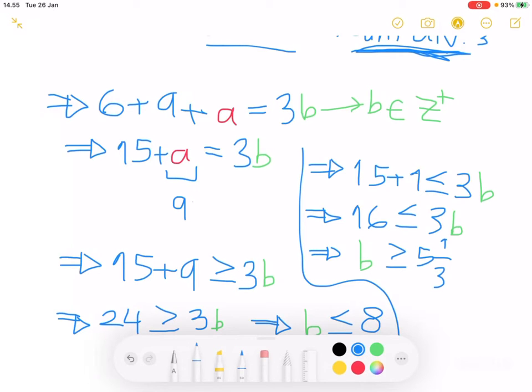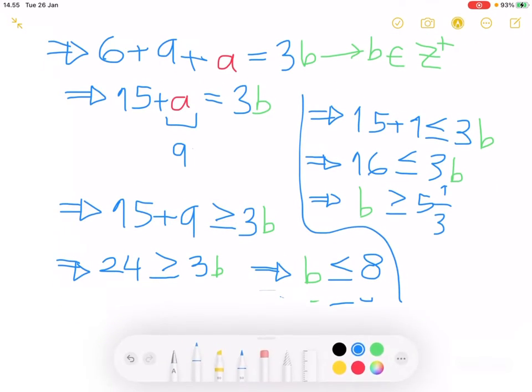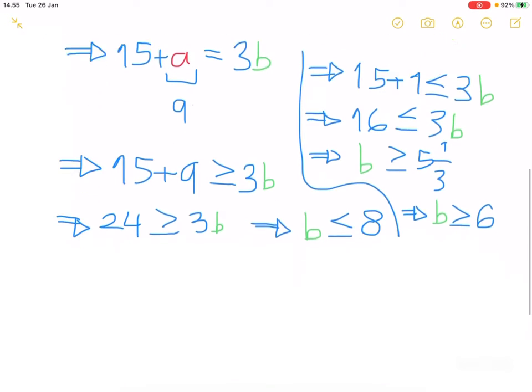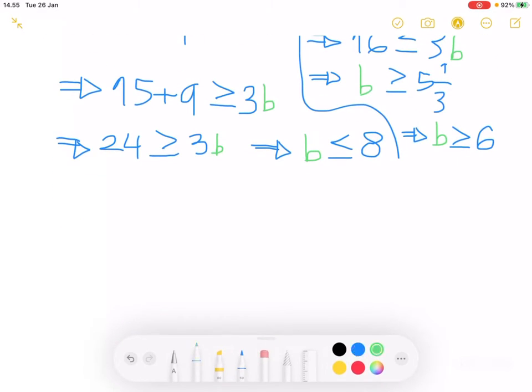And given that b must be an integer, we can just round up the bound, or I would say squeeze it. So we're just going to replace 5 and 1/3 by the next integer after it, which is 6. So we have 3 possibilities for b: b equals 6, b equals 7, and b equals 8.